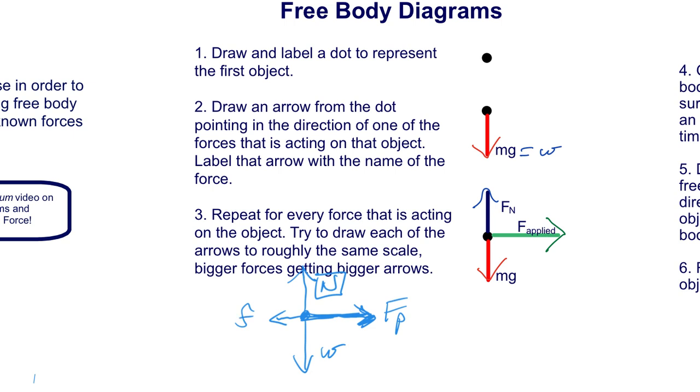If I was doing positive physics, I'd call applied force A, and call the friction D for drag. Okay, notice all the arrows are connected to the bike, and they're pointing away from the bike. Draw the arrows relative to their magnitudes or their sizes.